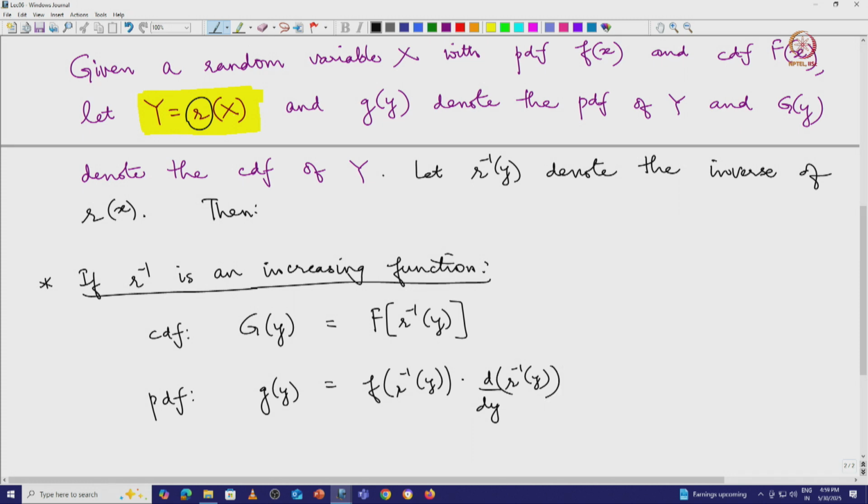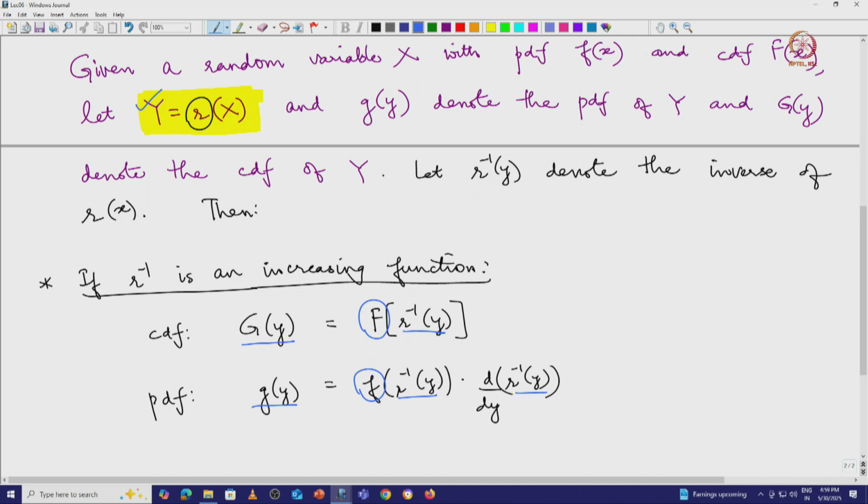So, what this means is, if you know the function r that relates the random variable x to the random variable y, then you can obtain the CDF of y from the CDF of x, which is capital F, and you can obtain the PDF of y, which is small g, from the PDF of x, which is small f, right. And this requires knowledge of the inverse function, right.